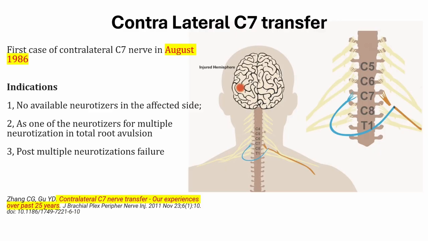Contralateral C7 transfers for the reanimation of the upper limb have been well established since 1986 for brachial plexus injuries. Recently, it has also been used for spasticity and it has been documented that the donor defects are compatible with function and there is significant improvement in function in the upper limb.